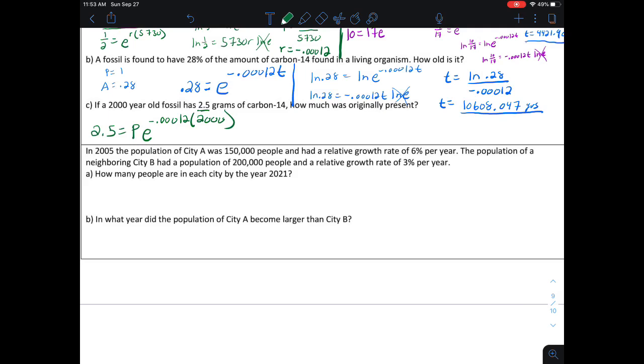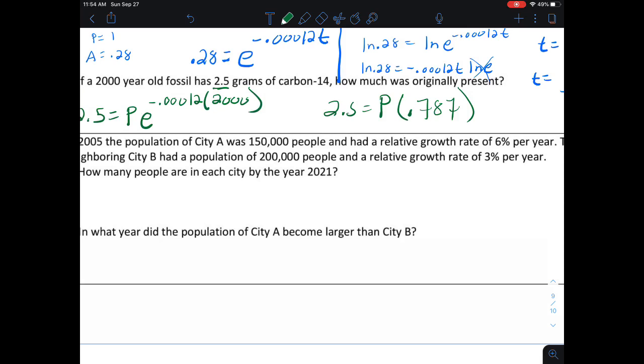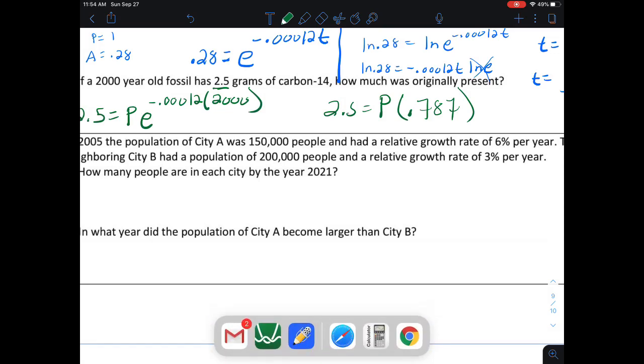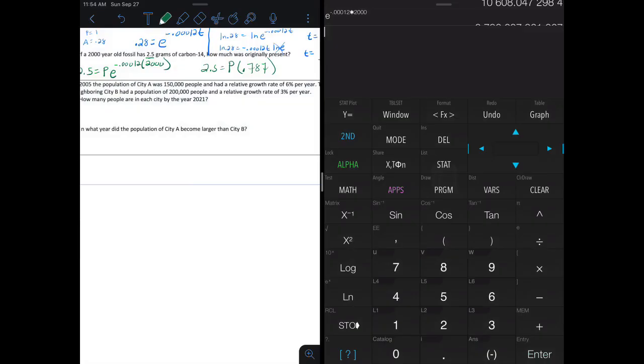And then we would solve for P. So I would leave 2.5 equals P, and then I'm going to take E and raise it to that exponent power, and then I would divide. And so when I take E and apply that exponent to it, we get approximately 0.787, and so we would just divide 2.5 by 0.787, we get an approximate value.